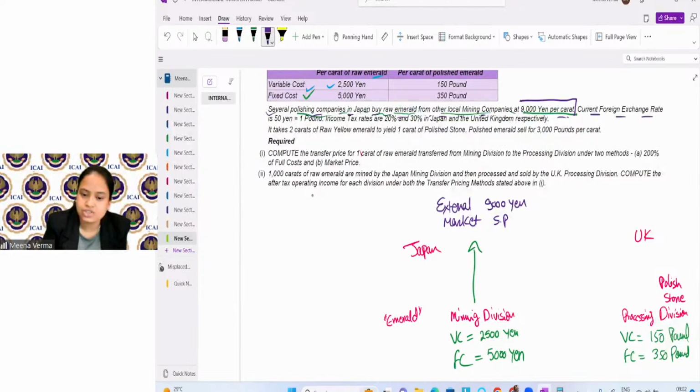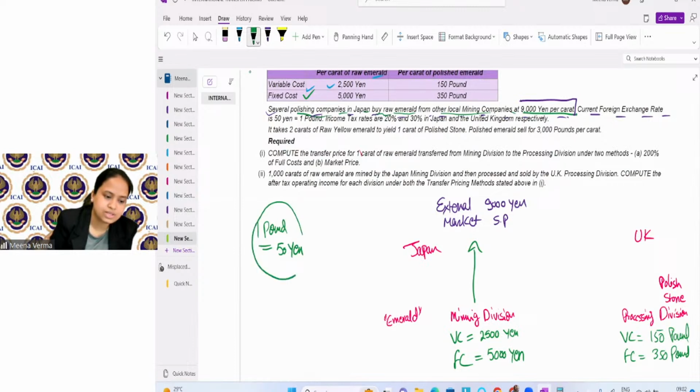Current foreign exchange rate is what? 50 yen is equal to 1 pound. So 1 pound is equal to 50 yen. This is given here. Income tax rate is 20% in Japan, 30% in UK.